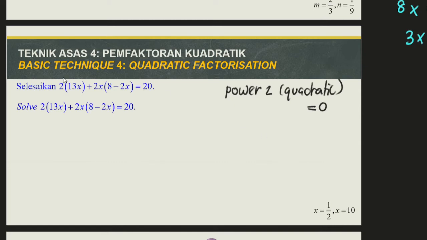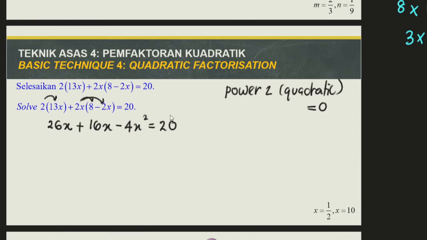So in this first part, we're going to expand all these numbers in first. Here we get 26x plus 16x minus 4x square equals 20. Now, can you see we already have power of 2 there?